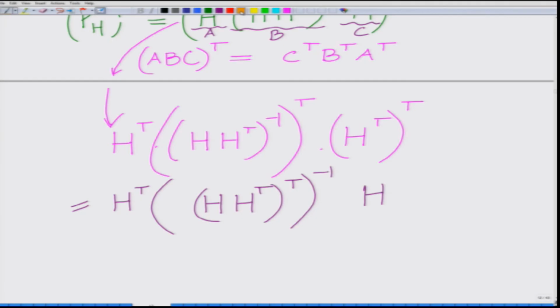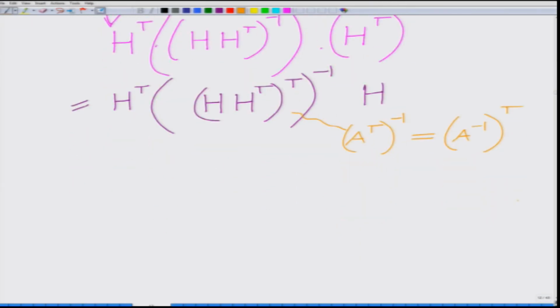This follows from the property that A transpose inverse equals A inverse transpose. And now I am going to write this as H transpose.